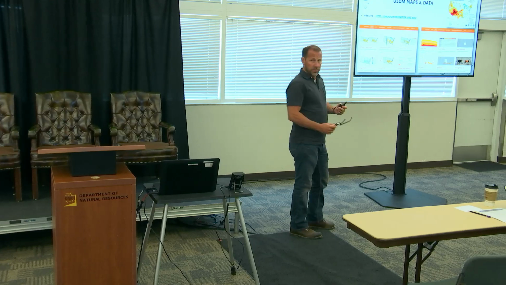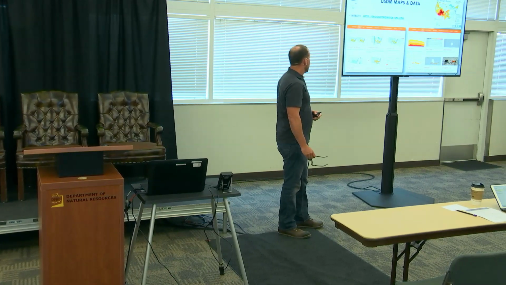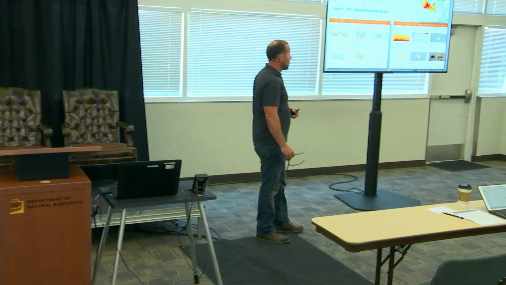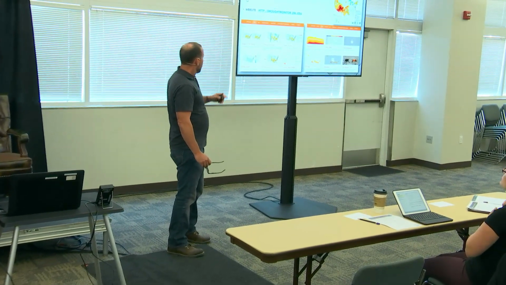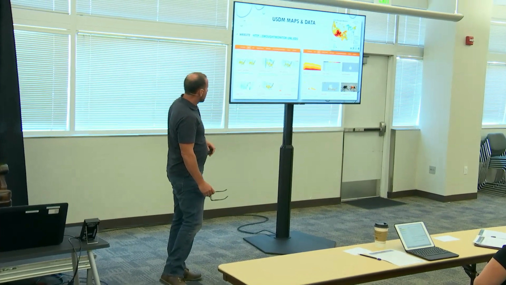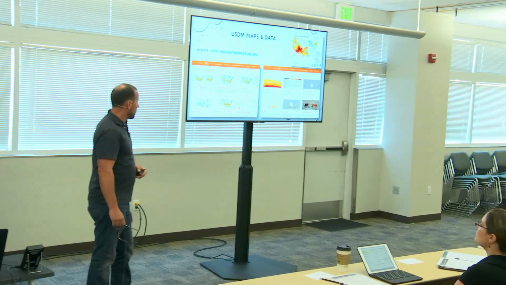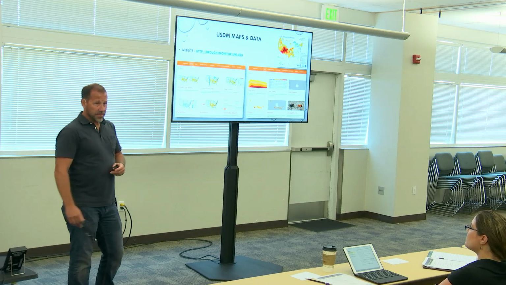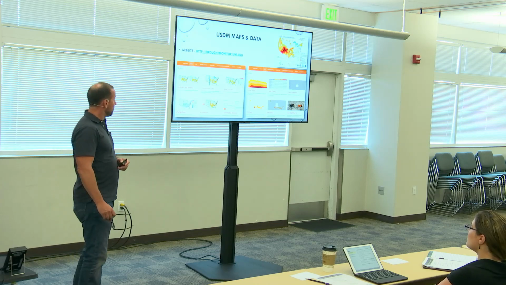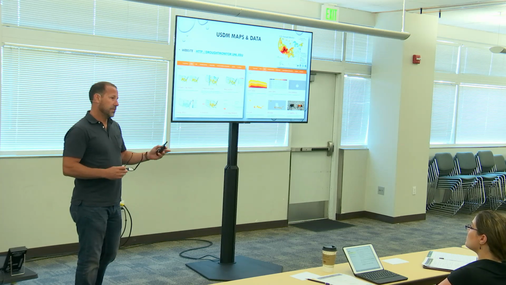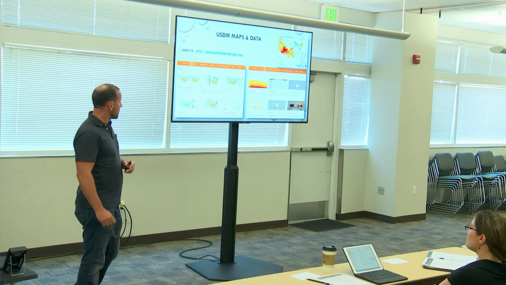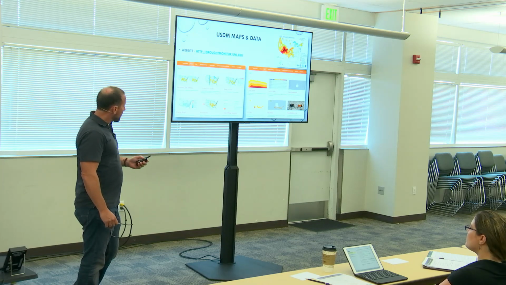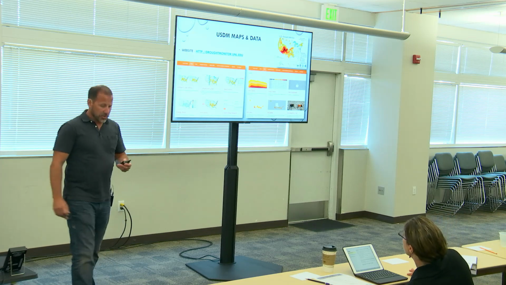You can compare 2 different weeks. You can go into the map archive, change maps, animations, so you can look at drought developing over a specific time period. We've seen a number of people use the time series. You've probably seen those, and those date back to 2000 when the Drought Monitor started. Data tables, you can download the shapefiles.